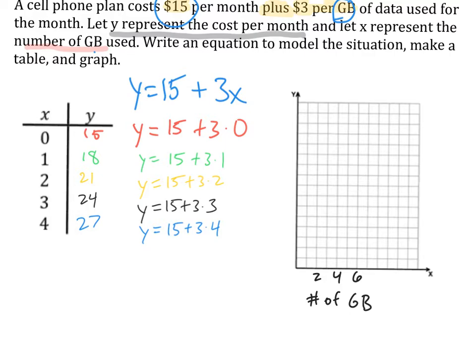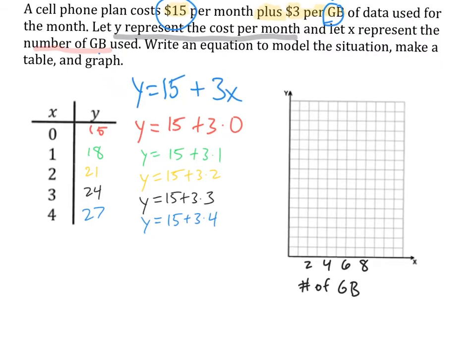Then our y-axis is the cost per month, and that is in dollars. Let's just go up by fives here. So this is 10, this is 20, this is 30, 40, 50. There we go, that should be plenty.